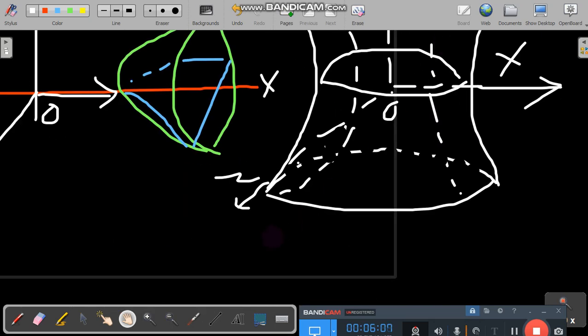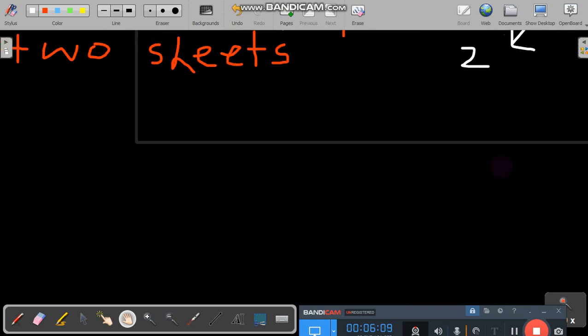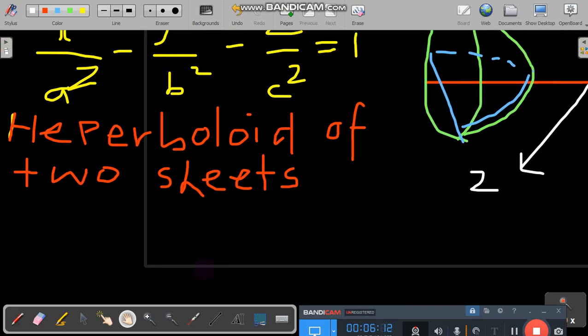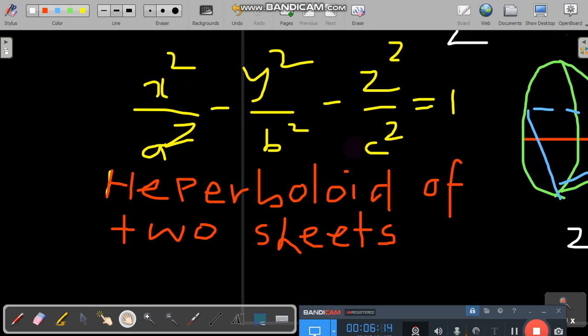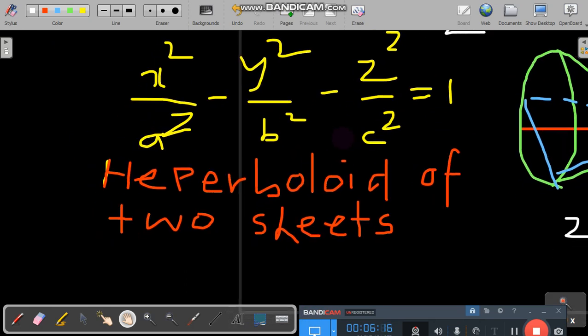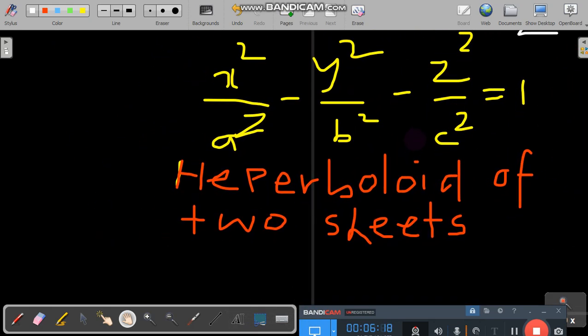Now coming to the third example, after the ellipsoid, the hyperboloid of two sheets. The set of all points which satisfies this equation, x squared by a squared minus y squared by b squared minus z squared by c squared equals 1. These are the points x, y, z which satisfy this condition.